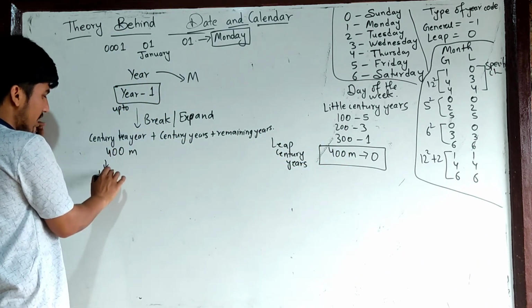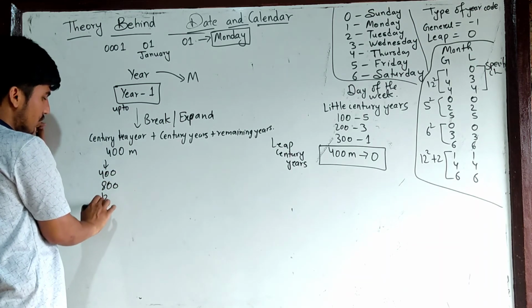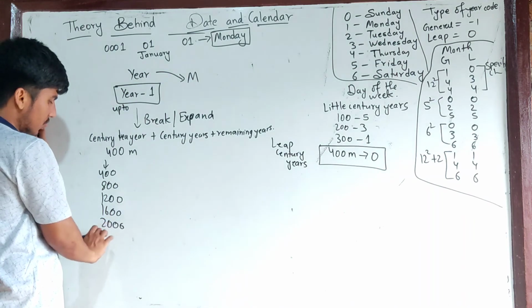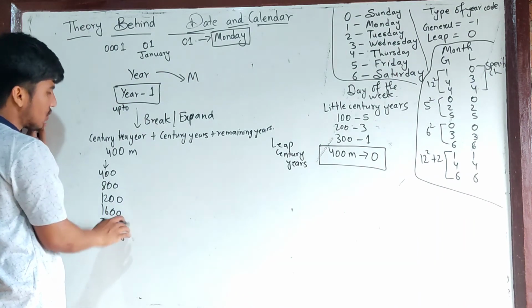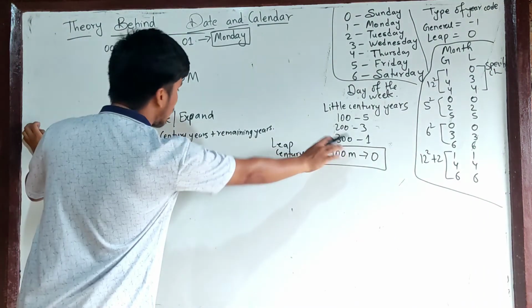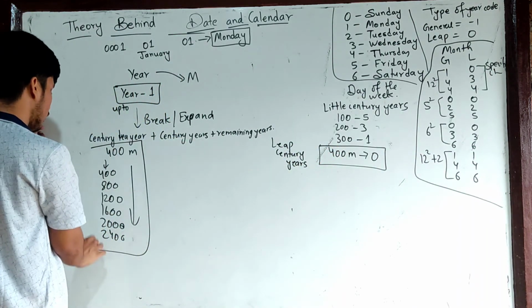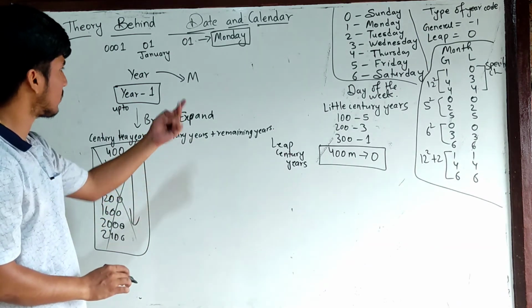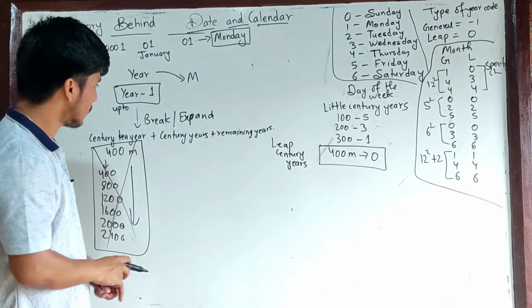That could be 400, 800, 1200, 1600, 2000, 2400 and so on. And for this 400m the code is 0, so we completely ignore this. The code is 0, 0 makes no contribution here.